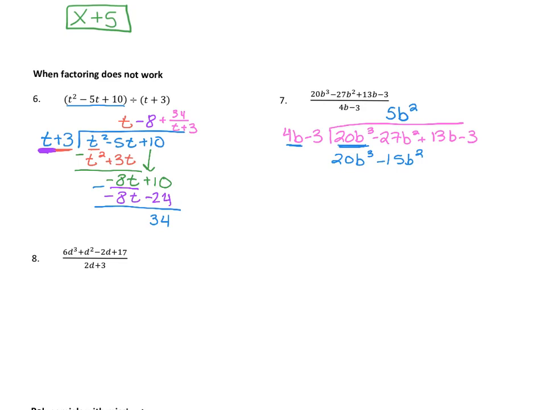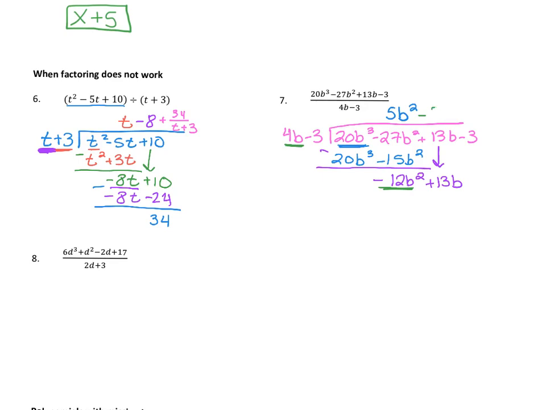And now I'm going to subtract, and I will get negative 12b squared, and then I'm going to bring down my next term. Now I'm going to look at this 4b and say 4b times what gives me negative 12b squared?